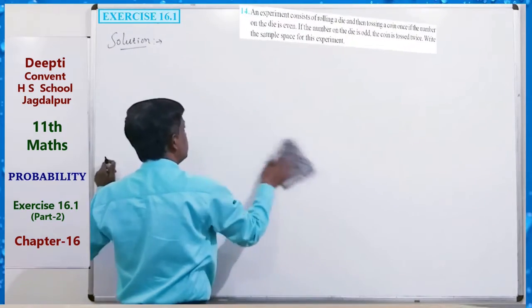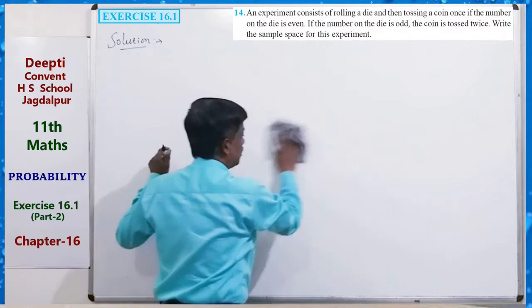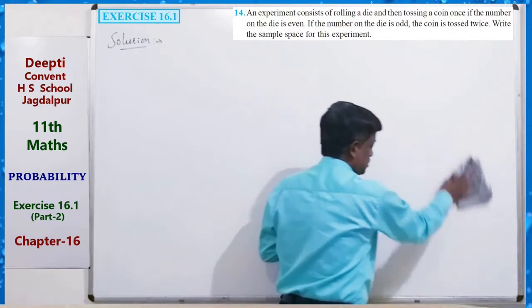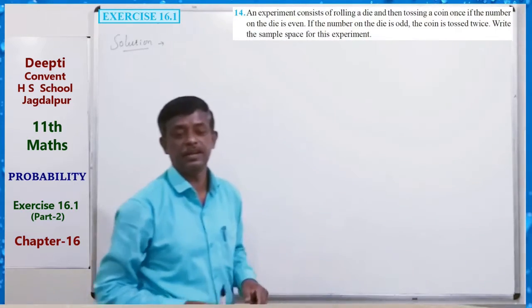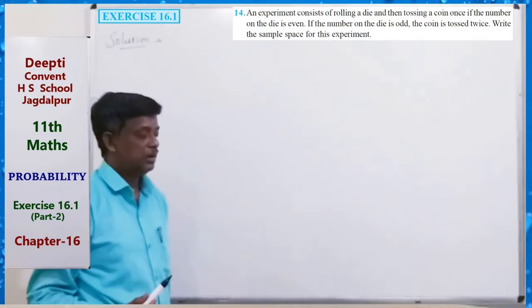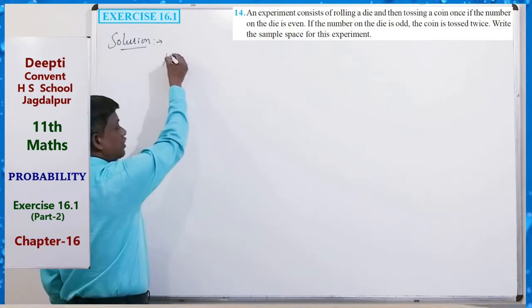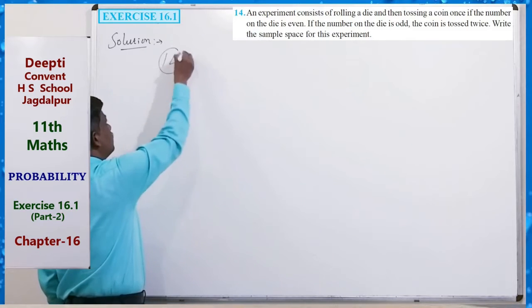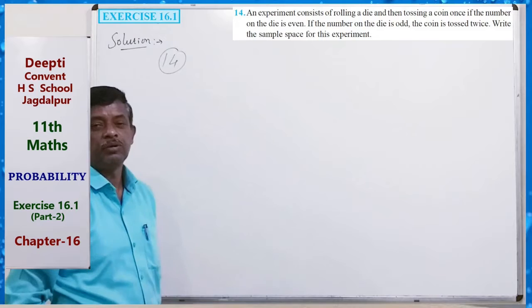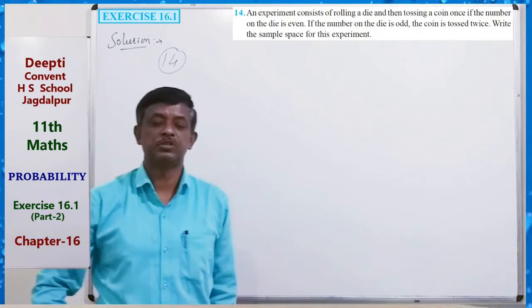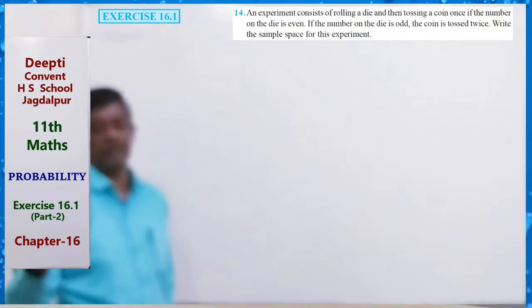Here we denote the possible outcomes of tossing a coin by H and T, head and tail, and rolling a die gives 1, 2, 3, 4, 5, 6. Even numbers are 2, 4, 6; odd numbers are 1, 3, 5.